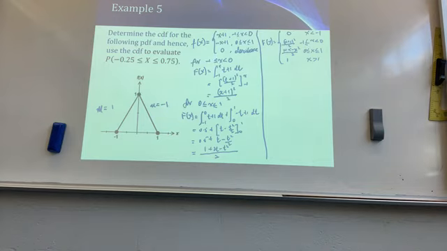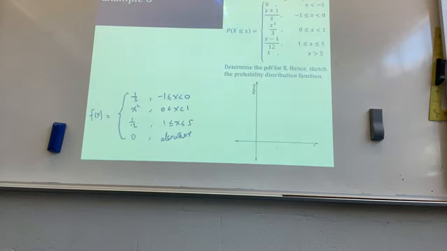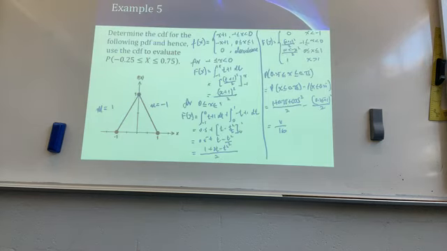So once you've done that, you can work out between 0 to x less than 0.75, take away x less than 0.25. So that's how you do it, and therefore your answer is 11 over 16.